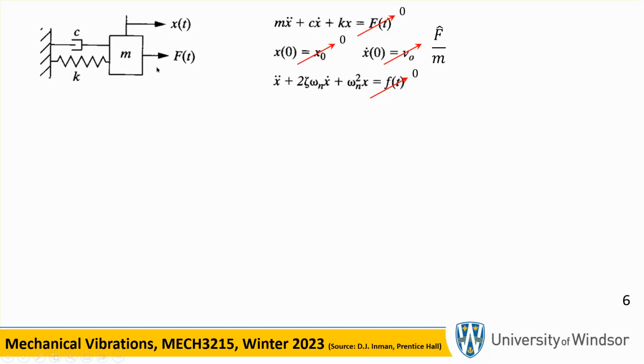So if f of t is an impulse, this is what we got: a homogeneous equation. Essentially it's a free vibration subject to initial displacement, whatever it is, and initial velocity. In that initial velocity, the magnitude of the impulsive force shows up.